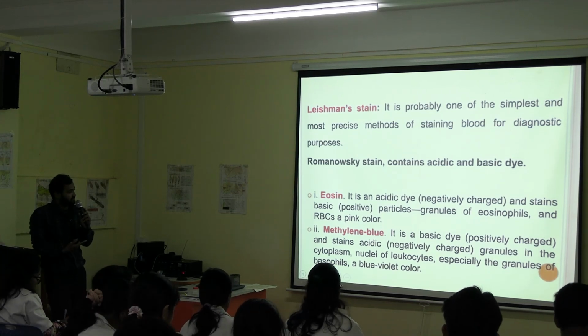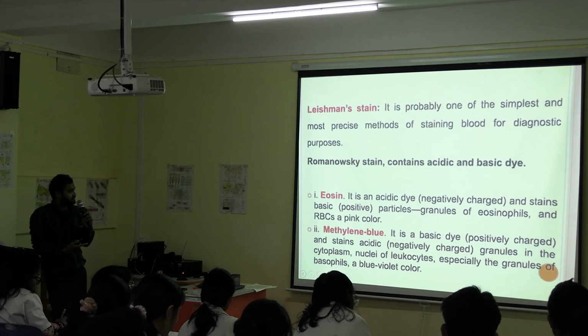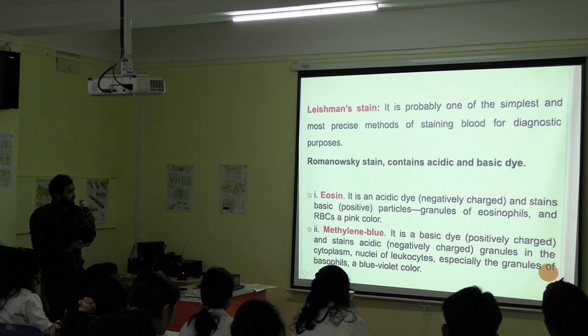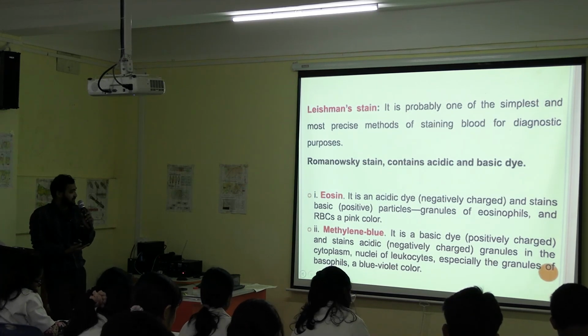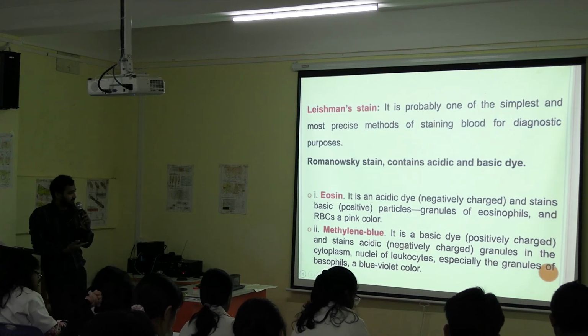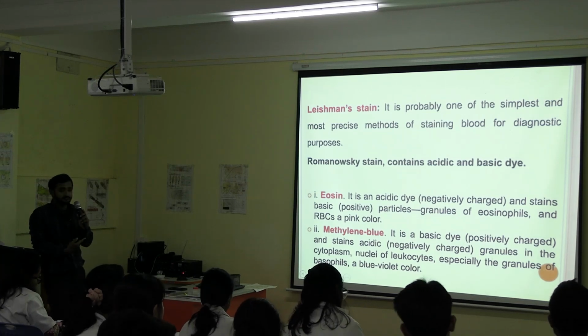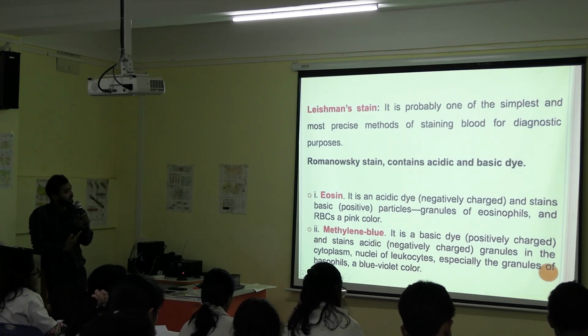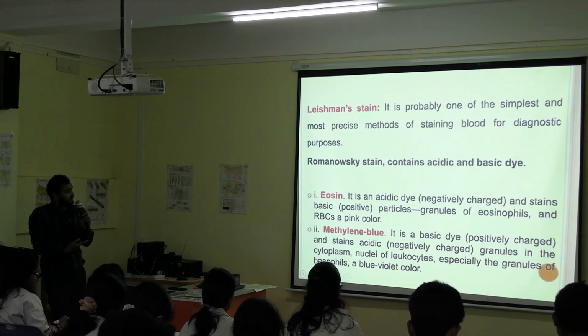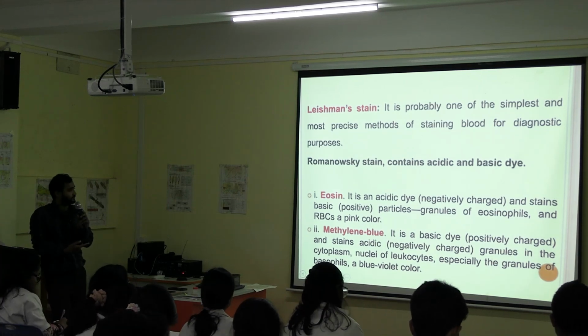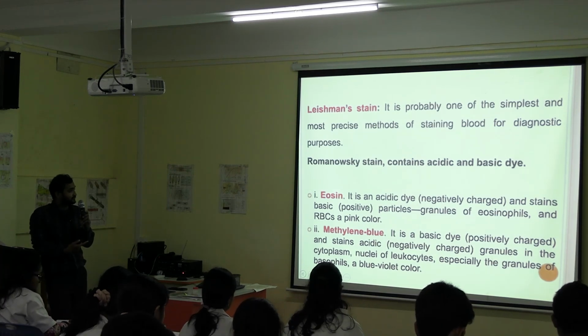As this is a basic dye, this will be staining the acidic, negatively charged particles, so the granules present in the cytoplasm, the nuclei of the leukocytes, the granules of the basophils. What will be the color? Yes, blue in color. And what will be the color of the acidic dye? Yes, those particles will be pink in color.